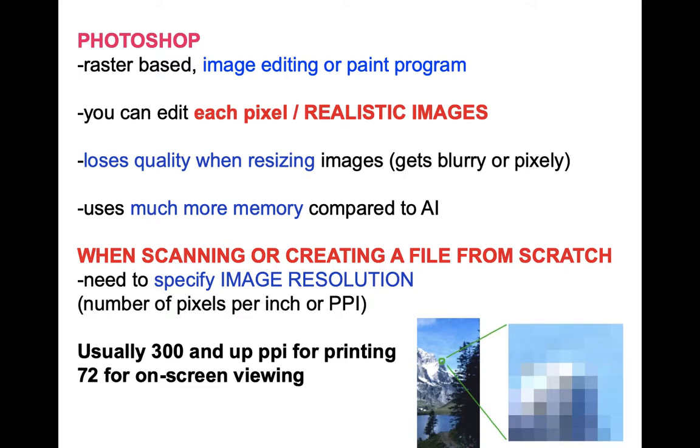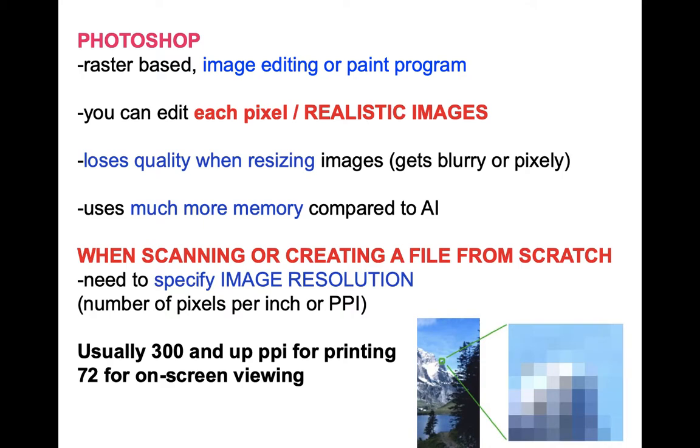And if you're using a file for just on-screen viewing, then 72 pixels per inch will be enough for on-screen viewing. If you're printing fabric, for example, you can use 150 pixels per inch or 200. And if you are doing a business card, for example, with very tiny font, then I would say you would need to use 500 or 600 pixels per inch.